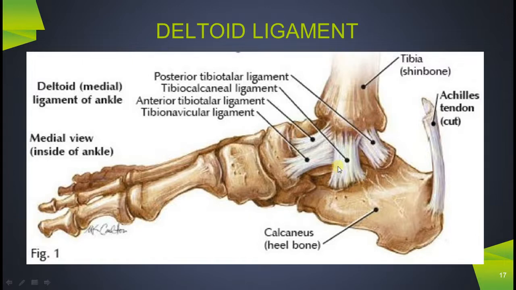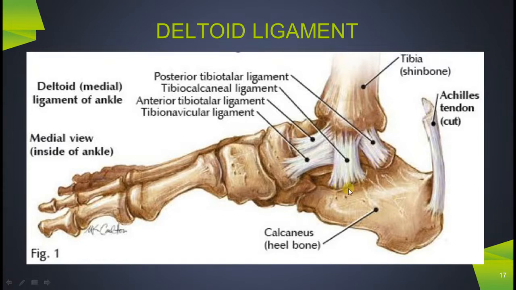The middle fibers, superficial part, go from the medial malleolus to the sustentaculum tali, a projection you will be able to see. And the posterior fibers, the tibiotalar, go from the medial malleolus to the medial tubercle of the talus.